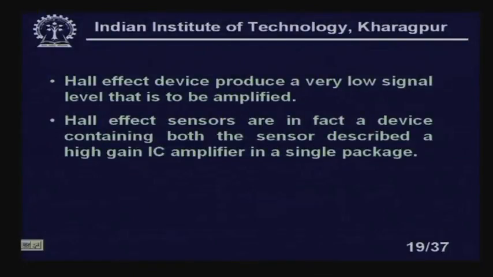Hall effect sensors are in fact a device containing both the sensor described and a high gain IC amplifier in a single package. Okay, nowadays these are made in thousands and thousands. If I can measure that EH, I can measure the current also, is it not?